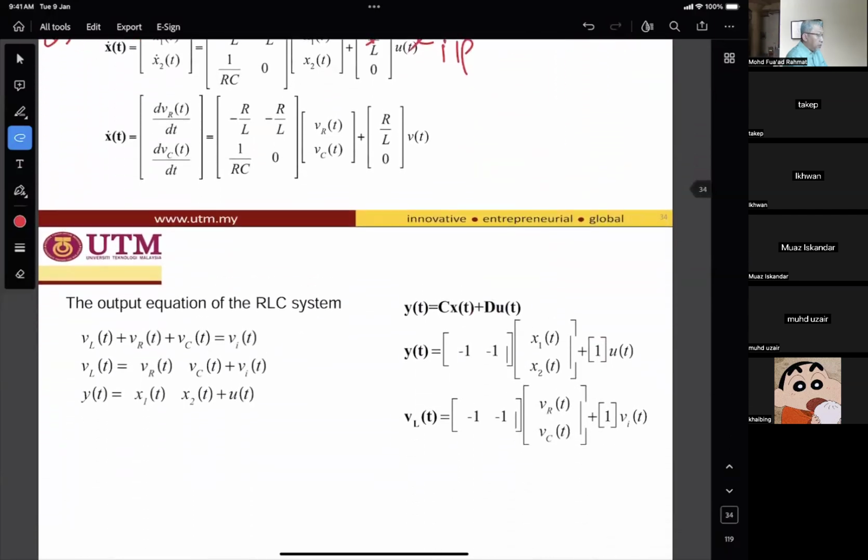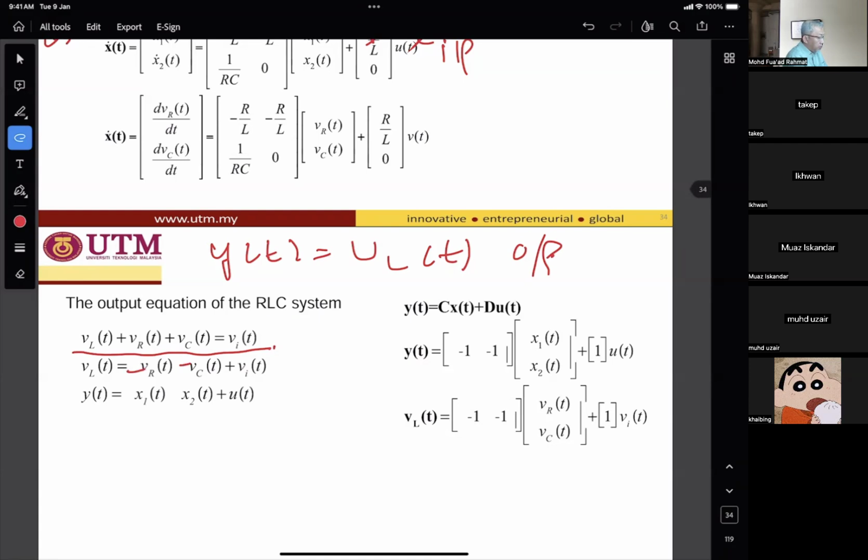And the output is using the Kirchhoff voltage law. So since we declare that VL is equal to output, we make VL the subject, which is equal to minus VR minus VC plus Vi.